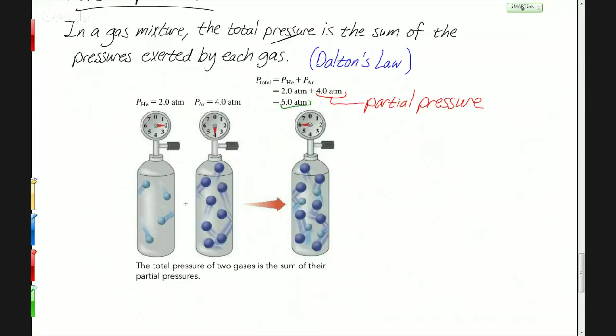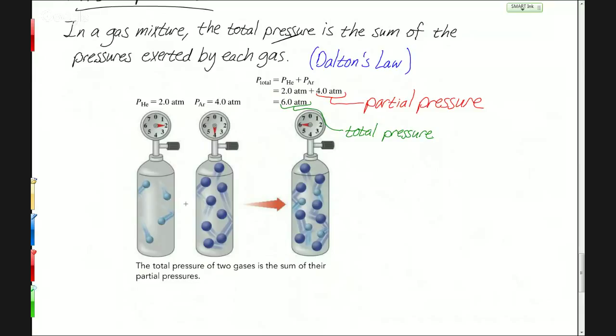So that would be like the partial pressure of argon that I've highlighted here. And then those things added up is the total pressure. So the total pressure can be broken down into partial pressures of each gas.